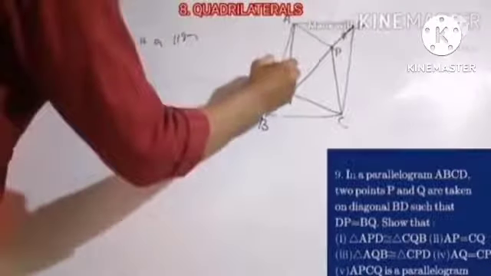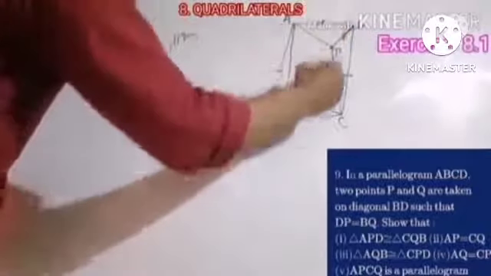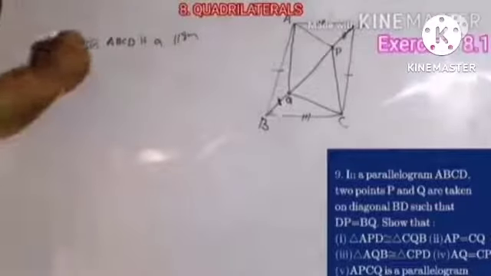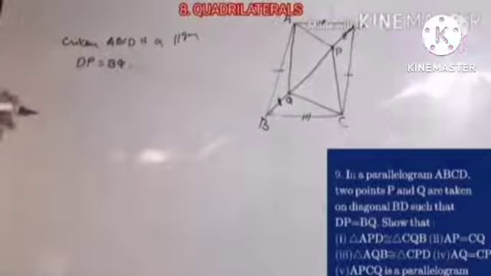So AB, CD equal and BC, AD equal. And given that BQ and PD are equal. DP equal to BQ. So these are the given parts.